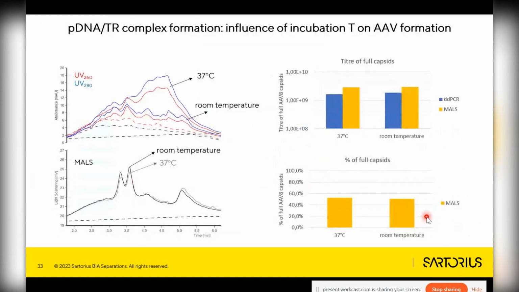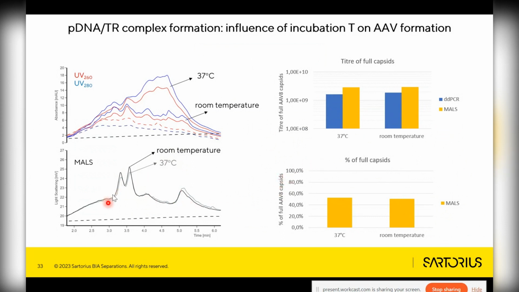And now with this kind of methodology, we can start to study our upstream process. The question here was, does the temperature influence our expression of the empty and the full? Is there a different ratio between the two? Is this also influencing other particles, which are impurities?